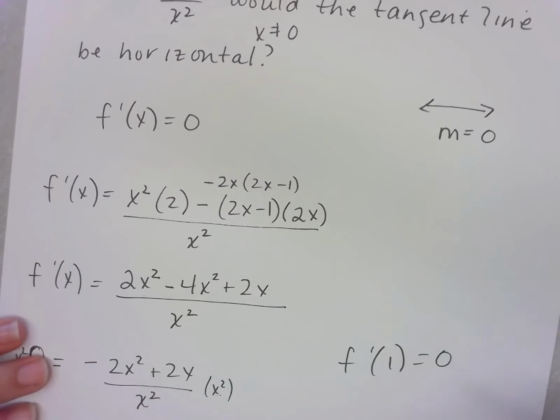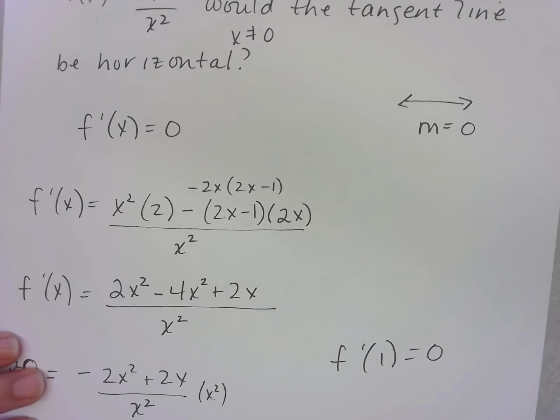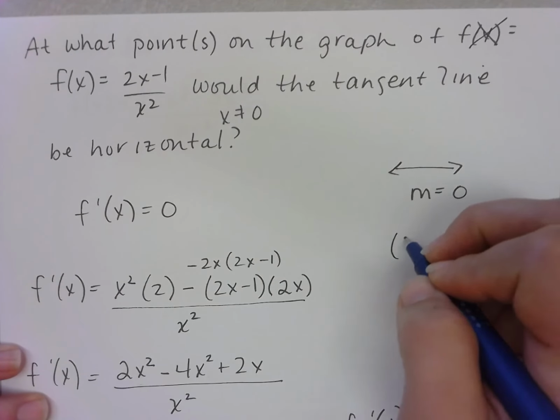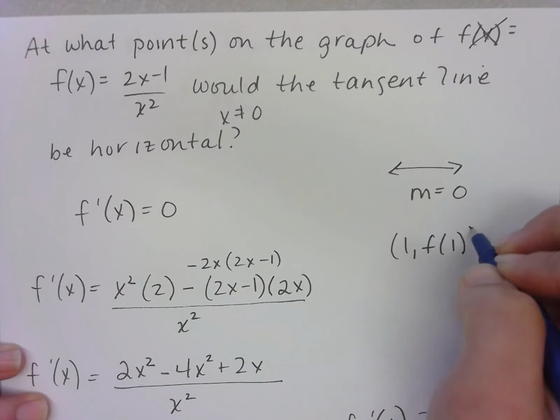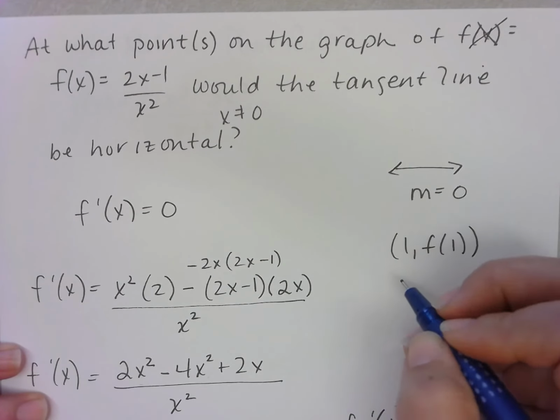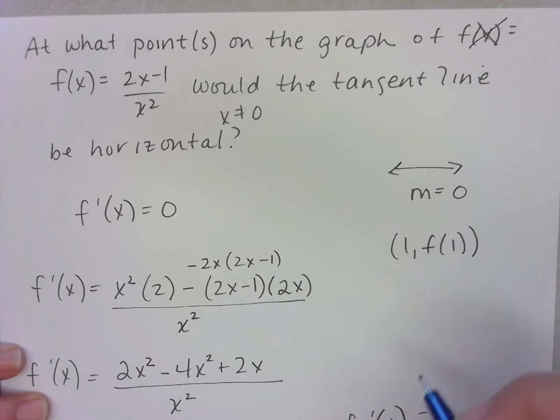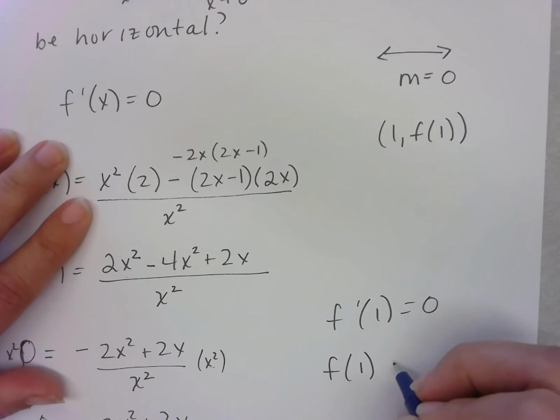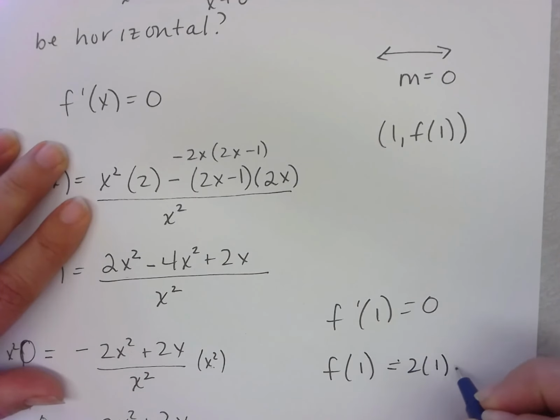And so it asks for the point, and so I have the x coordinate, and so now I just plug in. So basically my point will be 1, f of 1, right? And so I have f of 1, I'm plugging it in up here. So it would be 2 times 1 minus 1 over 1 squared.